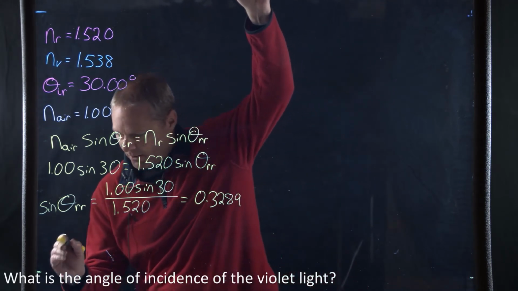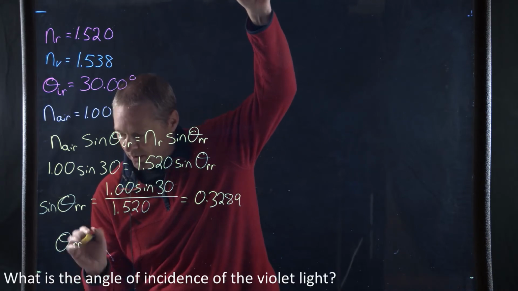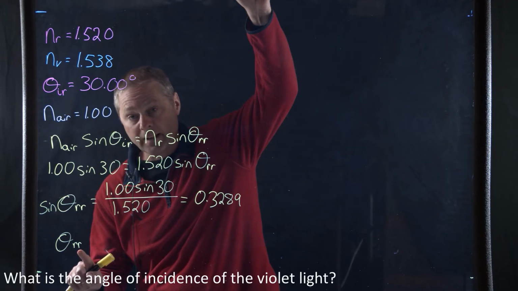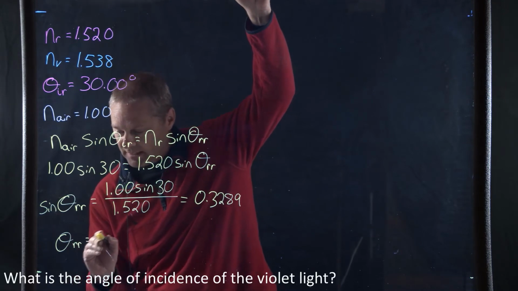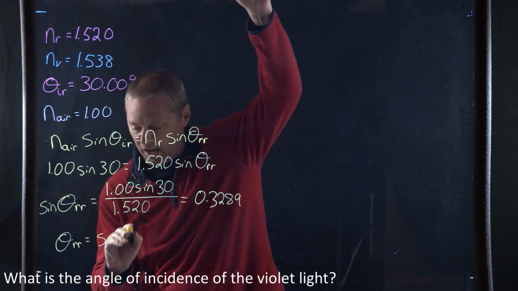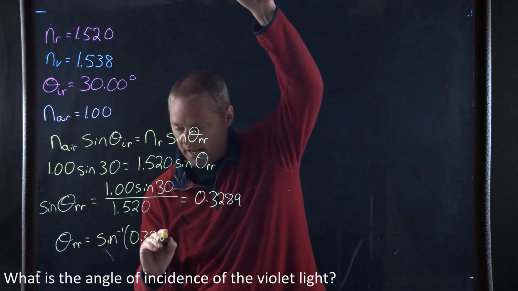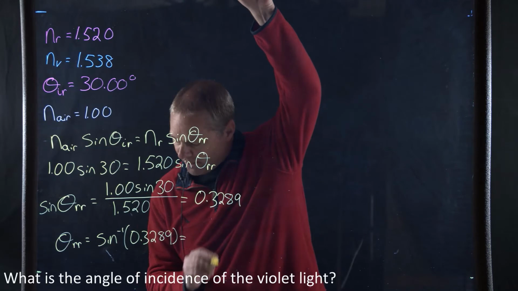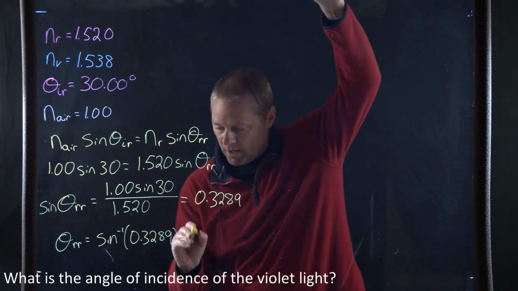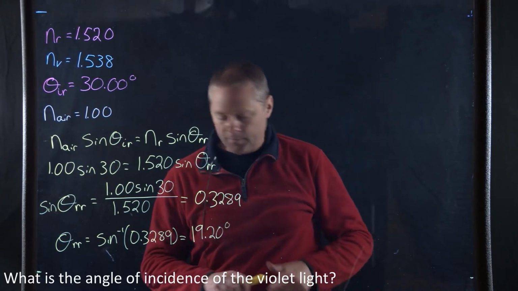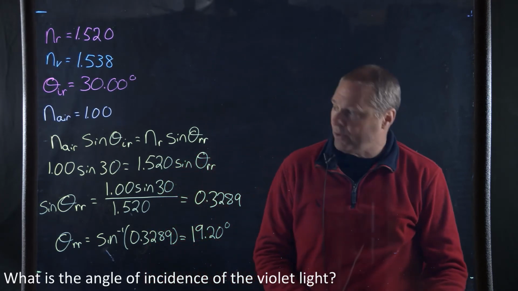Therefore, theta RR, the angle of the red light that's refracted, is equal to the inverse sine of 0.3289, and that happens to be equal to 19.20 degrees.